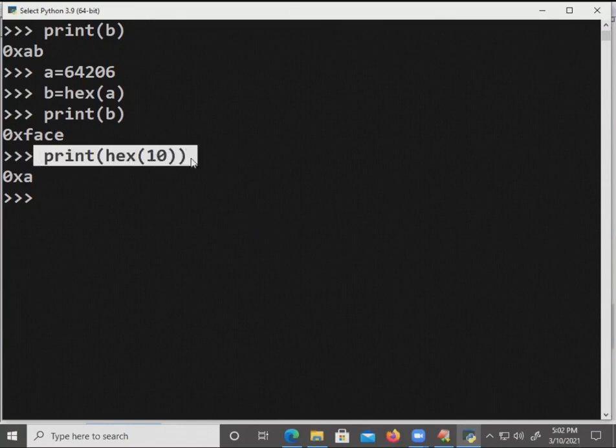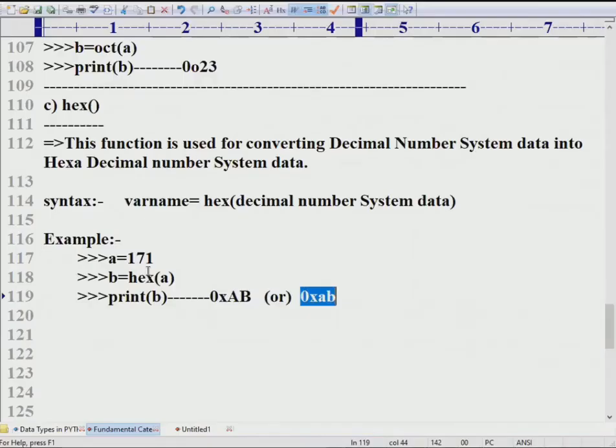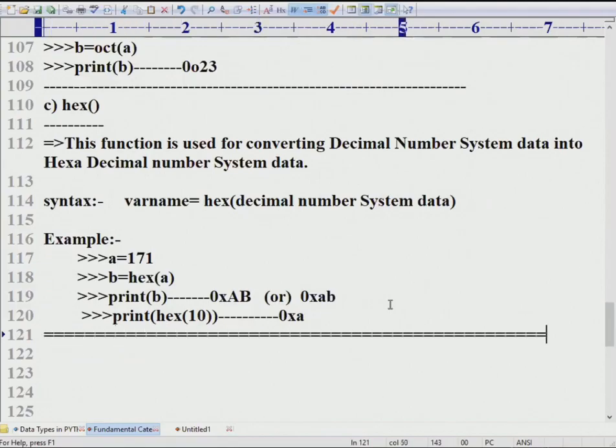Write this last point as an example: print of 0xA.